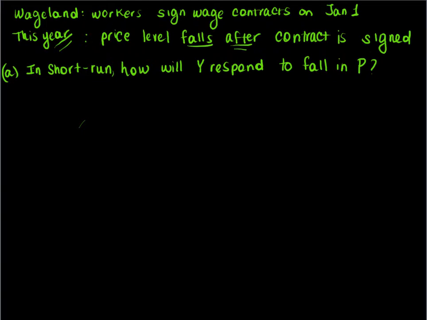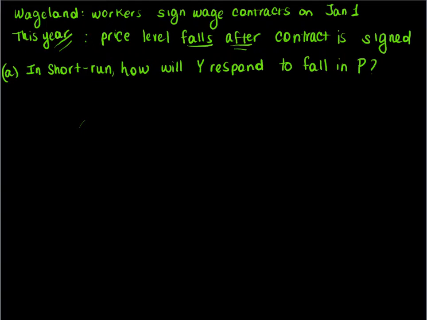The question is how aggregate output will respond to the fall in prices in the short run. That's a really important point, that they ask you about the short run specifically.